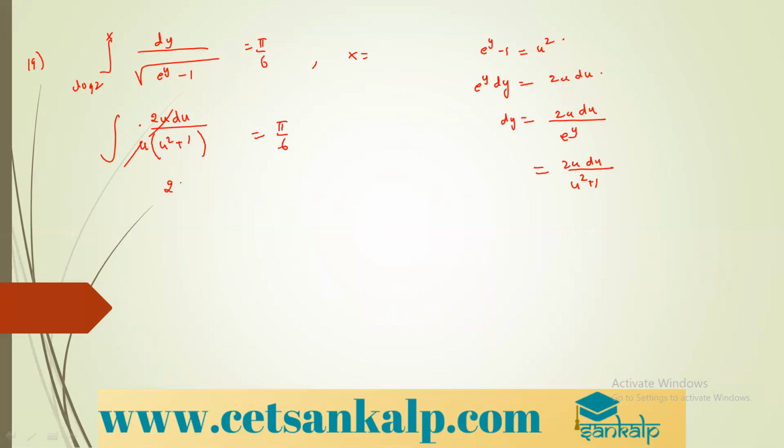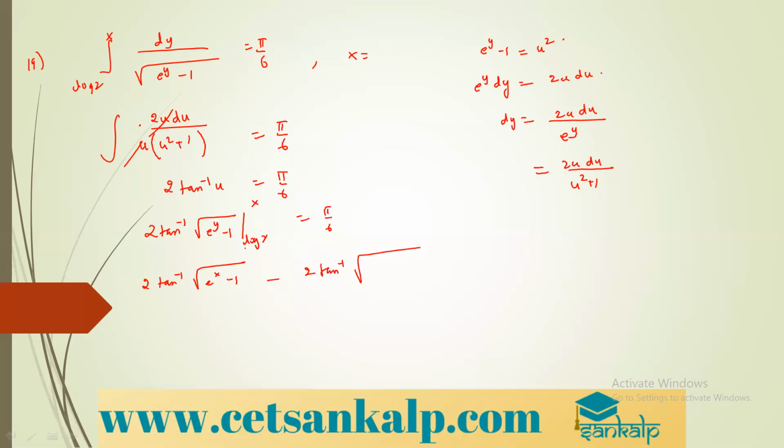Then you have 2 tan inverse u equal to pi by 6, or 2 tan inverse root of e power y minus 1, the bounds are log 2 to x, equal to pi by 6. So when you put x, 2 tan inverse root of e power x minus 1 minus 2 tan inverse root of e power log 2.